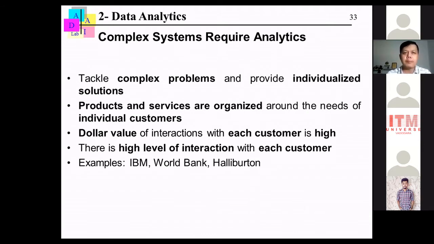Complex systems require analytics, for example, taking a complex problem and providing an individualized solution, where products and services are organized around the needs of the individual customer. The dollar value of interaction with each customer is high, and there is a high level of interaction with each customer.